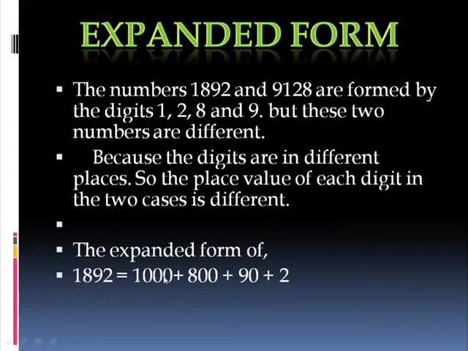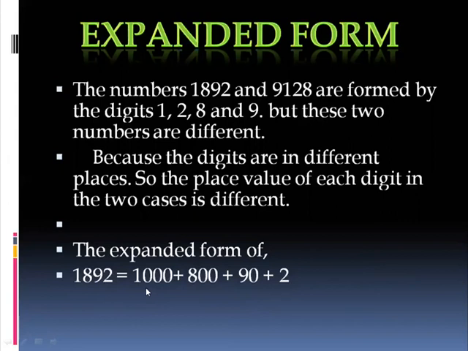So 1000 plus, 8 is in the 100 place, so the place value of 8 equals 800, plus 9 is in the tens place, so the place value equals 90, plus 2 is in the ones place, so the place value of 2 is 2. Okay, like this way we will write the expanded form.